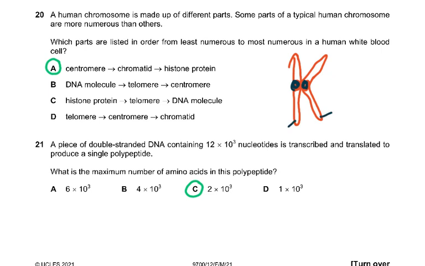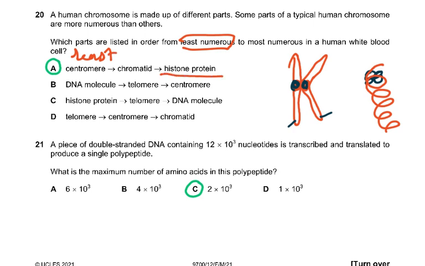And then histone proteins, those little balls around which the DNA is wrapped. So it was simple to understand. It is listed in order from least numerous, so this side was the least numerous. And we knew that histone proteins will be the most numerous. There was only one option in which histone protein was last, so the answer was A.